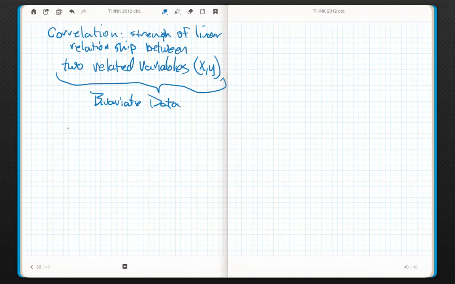Let's say, I mean, there's lots of ways to think about this, but let's just come up with a quick little example to describe it. Let's say that I want to know the relationship between SAT Mathematics and SAT, what's the other one? I think it's English score, right? Or verbal score, right?